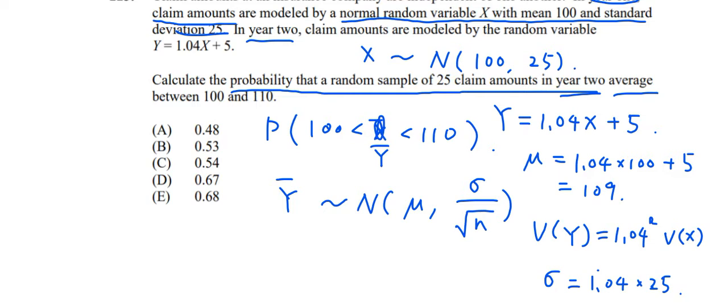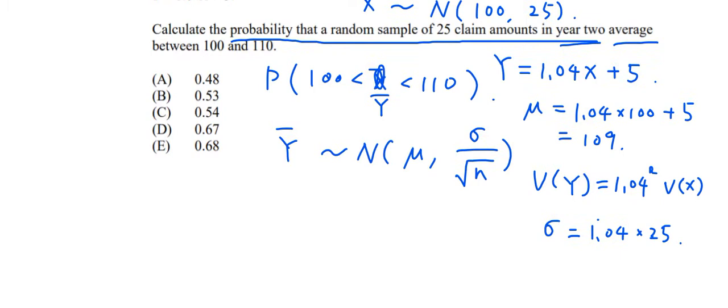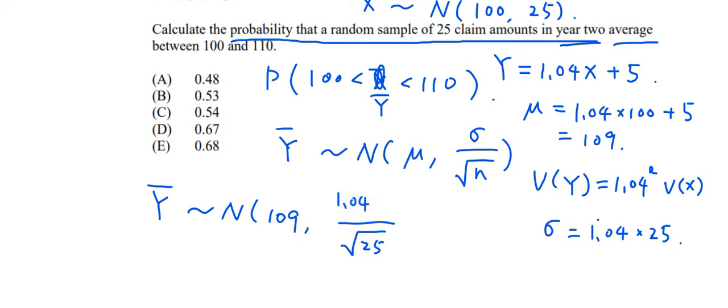Okay, so now this problem becomes easy. This y bar follows a normal distribution. The mean is 109, and this sigma is 1.04 times 25.